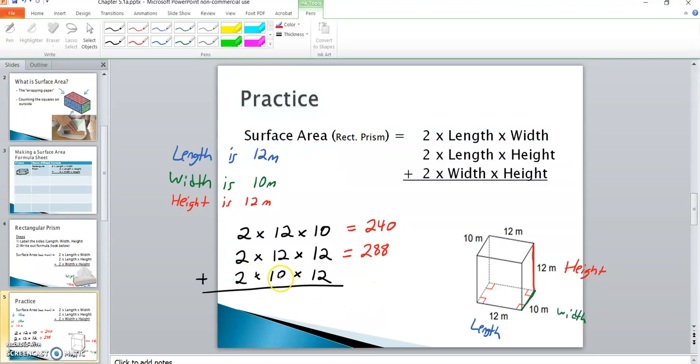And 2 times 10 times 12 is 240 again. So what I do is I just add up all of those numbers. So 240 plus 288 plus 240 is 768.